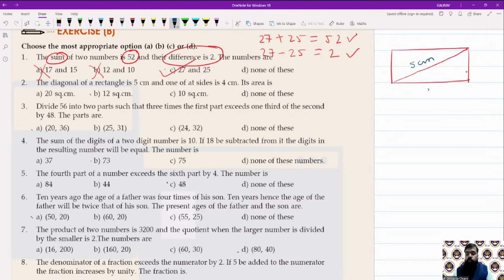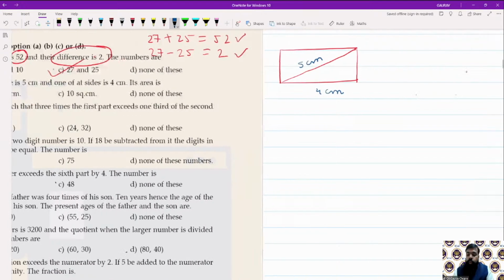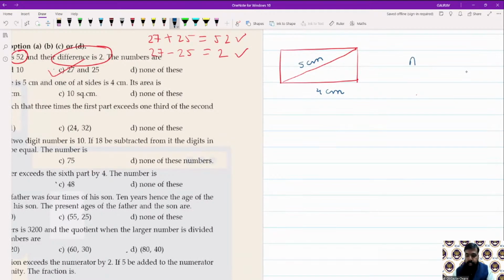One side is 4 centimeter and we have to find the area. So what is the area of a rectangle? Area of a rectangle is simply length multiplied by breadth. So length is available, but breadth is not available. So we have to find out the breadth first.